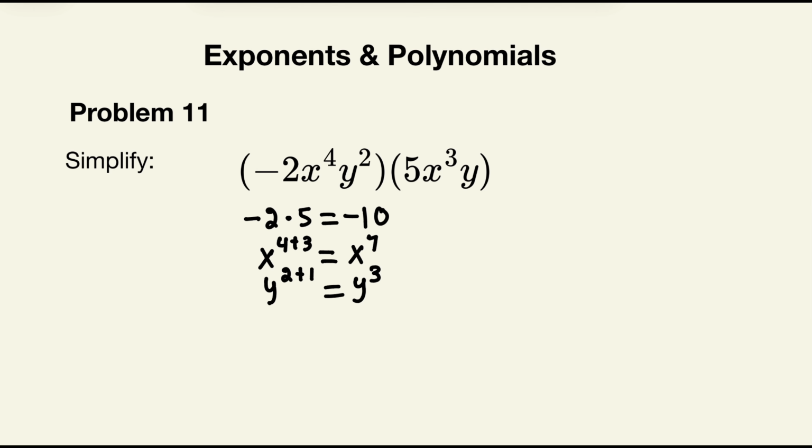So putting all of this together, we have -10 times x to the 7th times y cubed. So that looks like this. -10 x to the 7th times y cubed. Final answer.